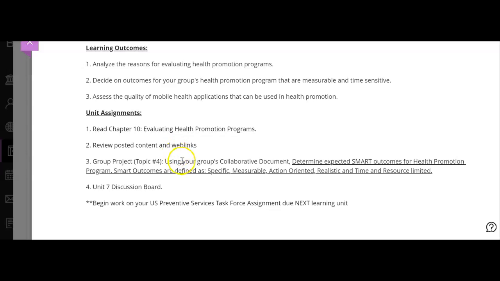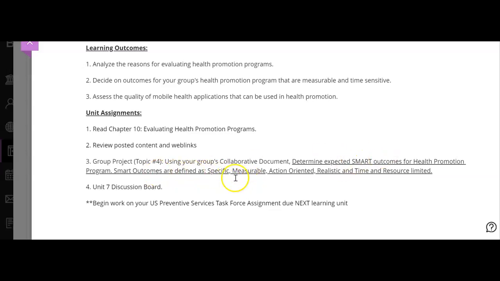So we're going to learn how you do that, what is a SMART outcome, and then you're going to use your collaborative document to look at, if you had implemented this program, how were you prepared to know whether or not your program was successful, whether or not you met the outcomes that you wanted to. So did your health promotion program bring about the desired change that you wanted? Therefore, you have to know your outcomes and you have to develop them.